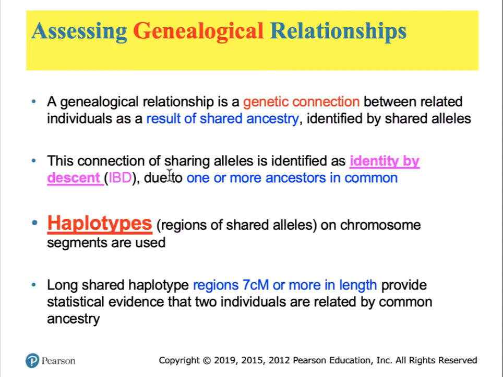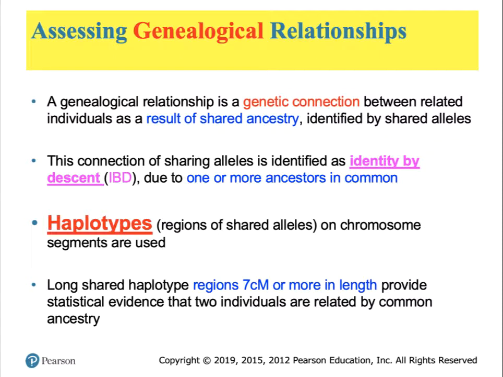What is a haplotype? It's a region, a physical region of the chromosome that carries a particular combination of these genetic markers. The descendants of individuals will tend to maintain the order and the alleles of these regions as they are passed from generation to generation.